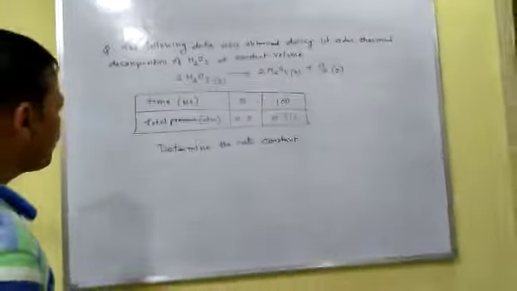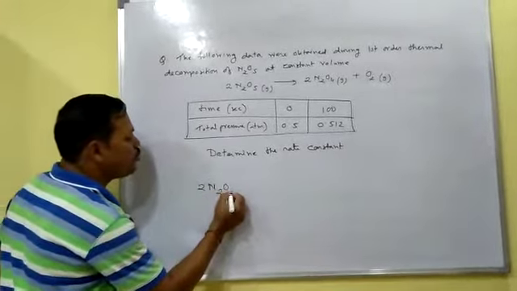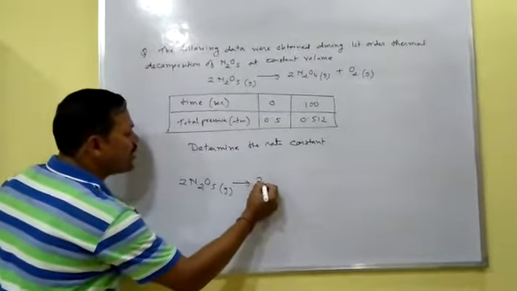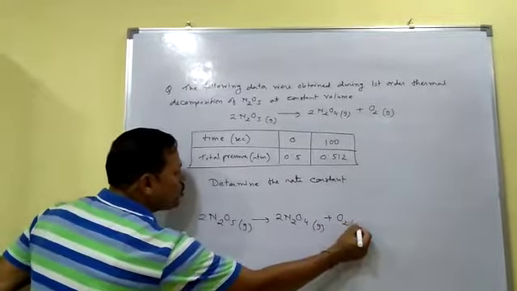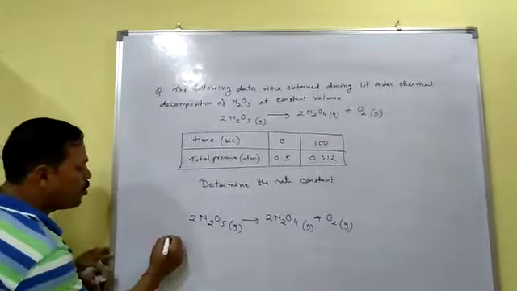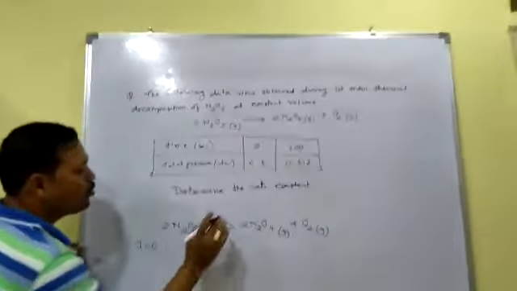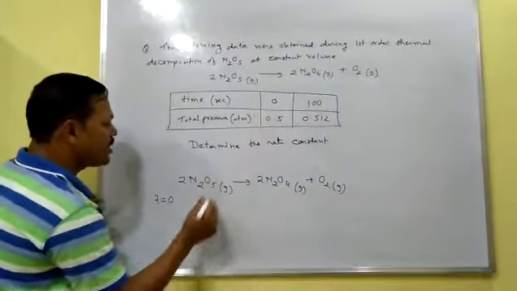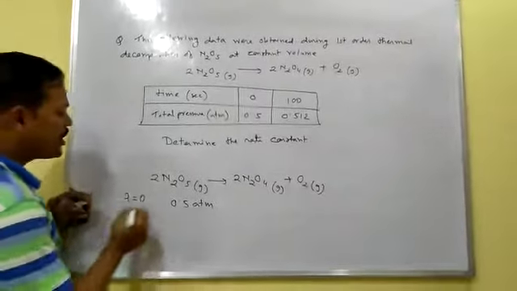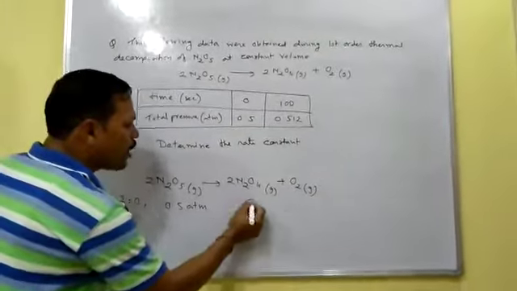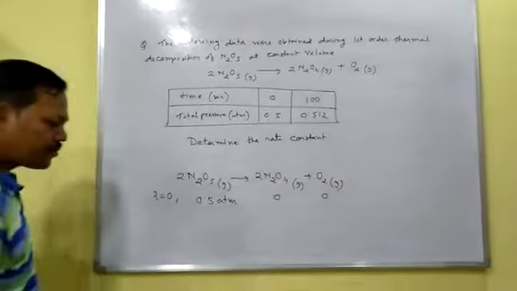So here I will write the equation. As given, 2 N2O5 gas produces 2 N2O4 gas plus oxygen gas. At time 0, at the beginning, when no product has formed, the pressure is 0.5 atmosphere, and the pressure of the products will be 0.